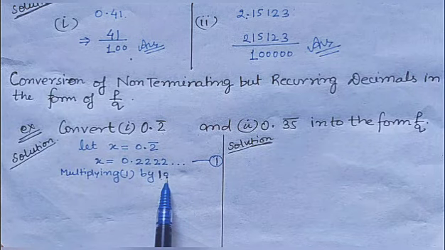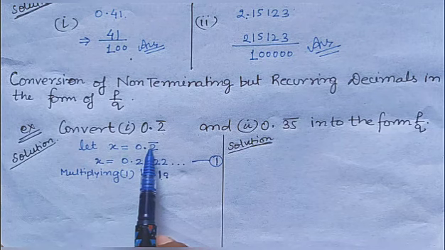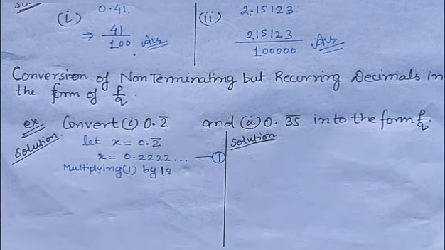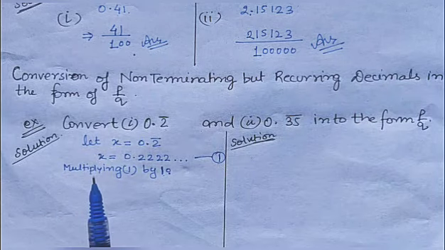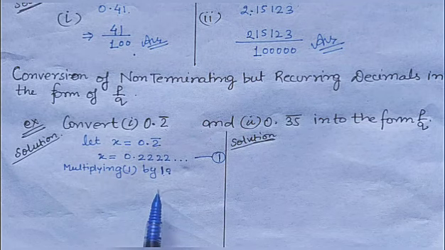There is one 0 in 10, means one digit is getting repeated. Suppose if 25 was repeating, means two digits were there, so we would multiply that by 100, but here only one digit is getting repeated, so we have multiplied it by 10.